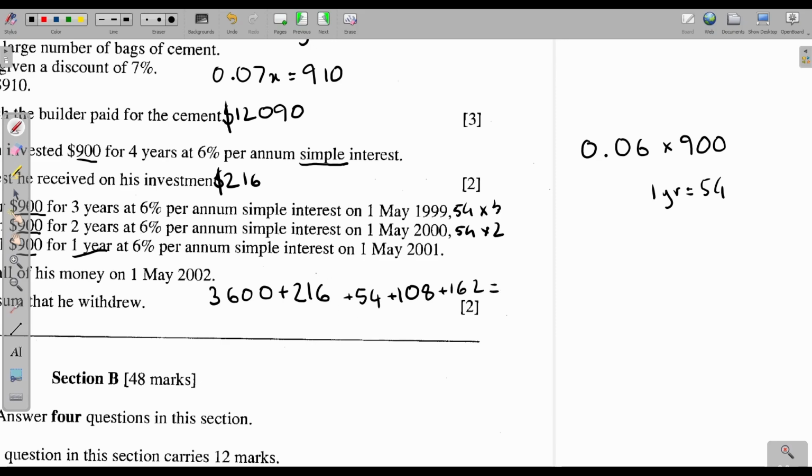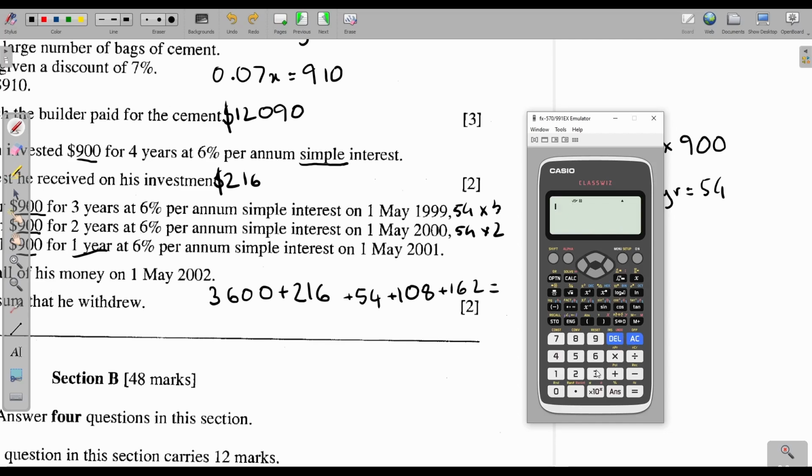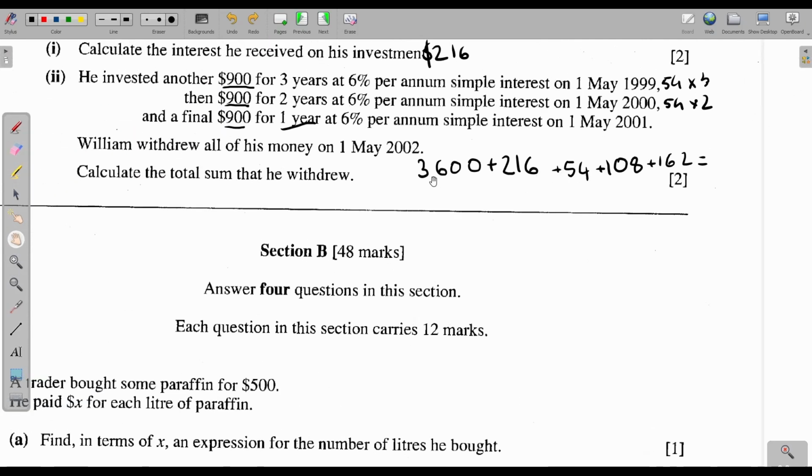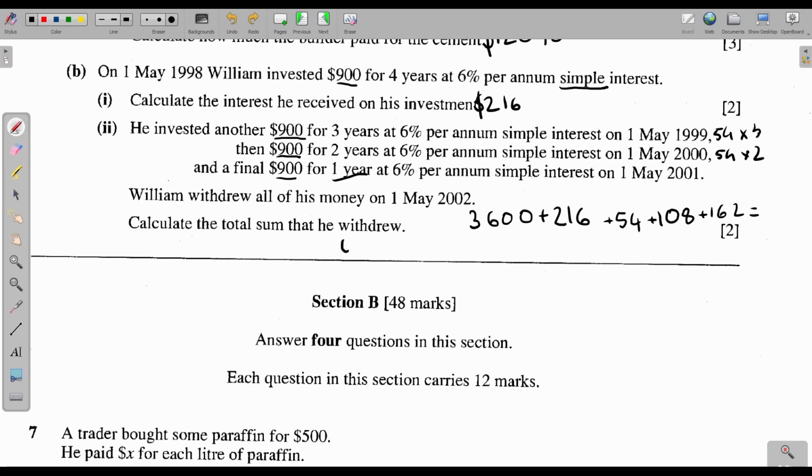So this would be all the interest that got added to this original amount. So 3,600 plus 216 plus 54 plus 108 plus 162 is 4,140. So 4,140 is the total dollar amount that he withdrew.